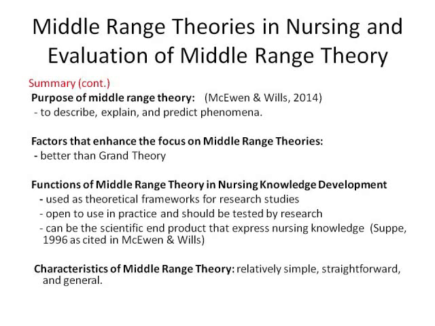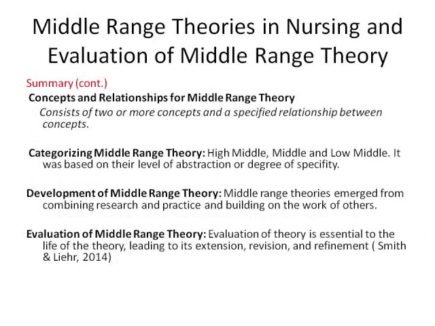It is relatively simple, straightforward, and general. Concepts and relationships for middle range theory: it consists of two or more concepts and a specified relationship between concepts. And then categorizing middle range theory, there is high middle, middle, and low middle. It was based on their level of abstraction or degree of specificity.